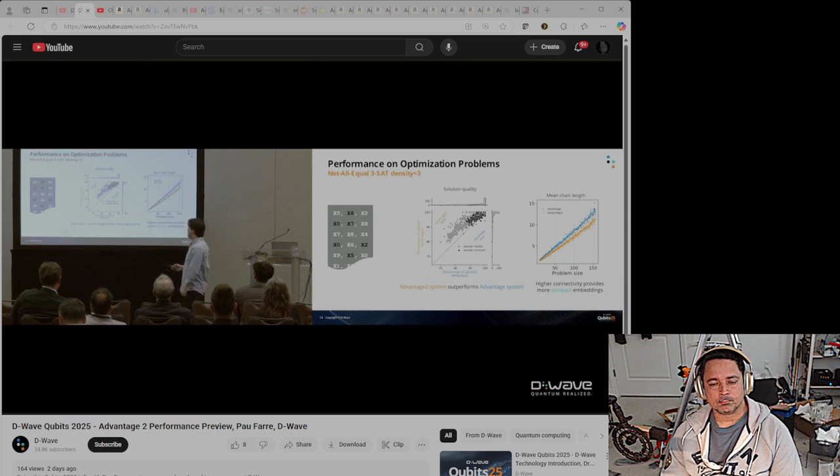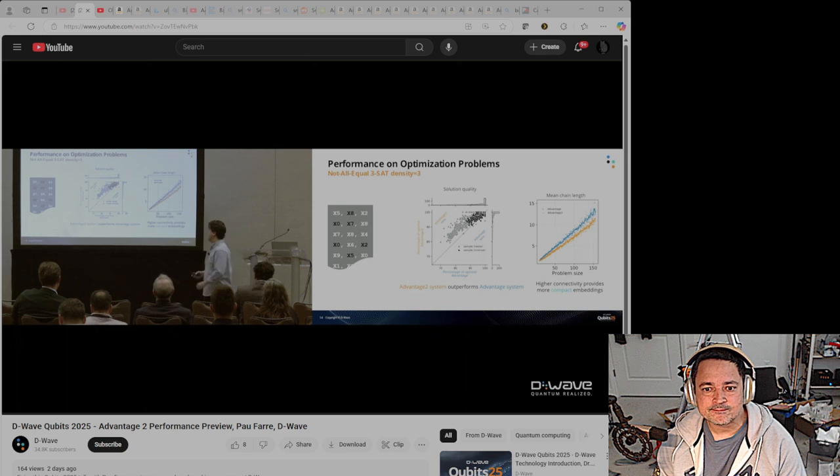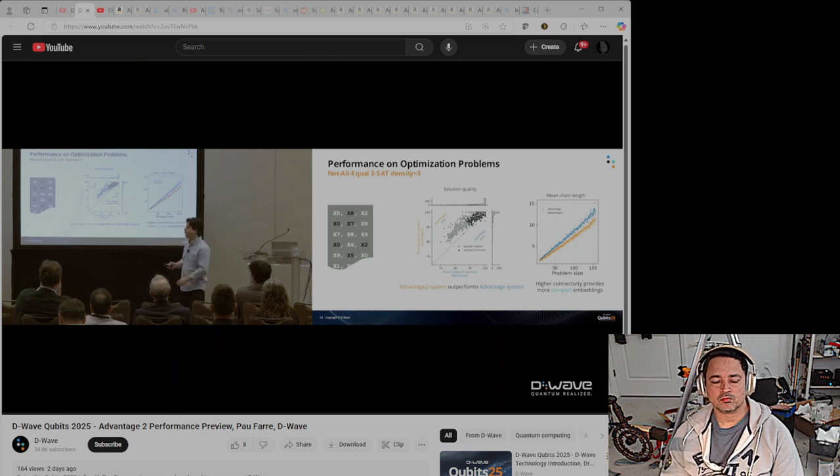So here are the results when sending these problems to the Advantage 2 processor and Advantage, asking for 200 microsecond anneals and 5 reads, 1 programming per problem. And this is percentage of optimal. We want these values to be as high as possible. And every point over the diagonal means that Advantage 2 got closer to optimal than Advantage.